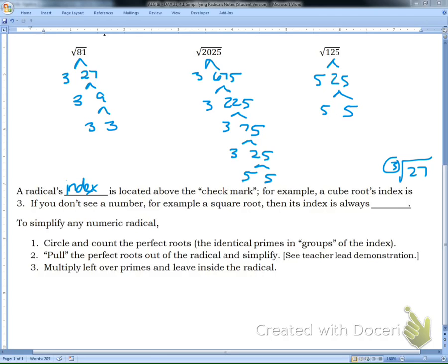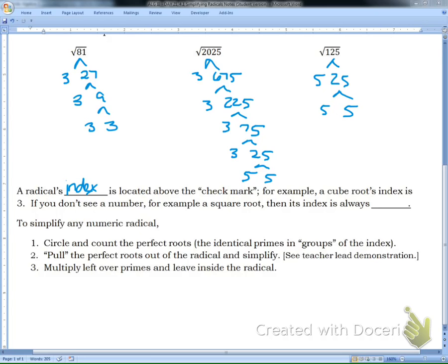So if you have a cube root, the index is 3. If you don't see a number above your check mark, for example, the square root of 81, your index is always 2. Now, in this course, we are only going to look at indexes of 2 or simplifying square roots. We're not going to go any further with our cubes or anything higher. You'll see some of that in Algebra 2.